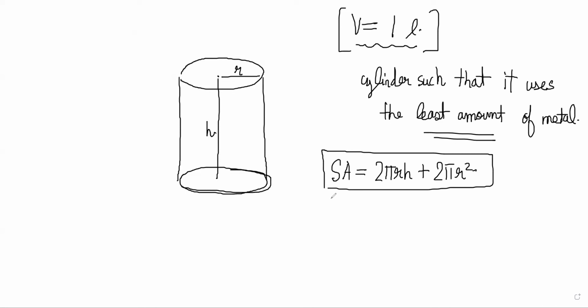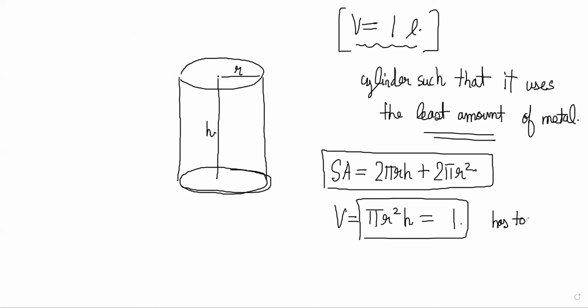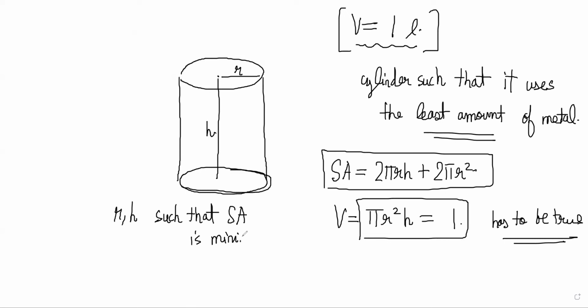And your job is, the volume, pi r square h, is equal to 1. This equation always has to be true, right? Accordingly, what should be the radius and height of my cylinder such that surface area is minimized, right?